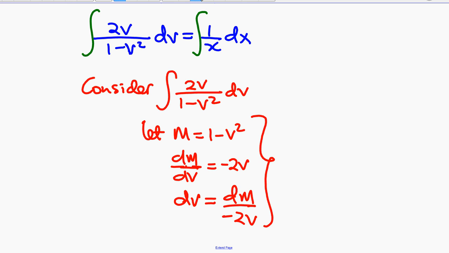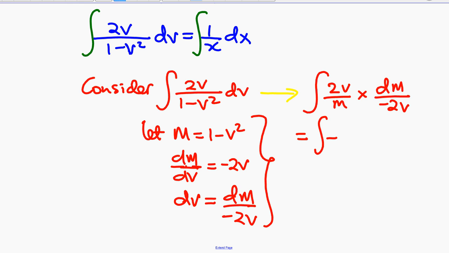All right. Now, if we use this substitution, this integral will be the integral of 2v over m multiplied by dm over negative 2v, and this will be equal to the integral of negative 1 over m.